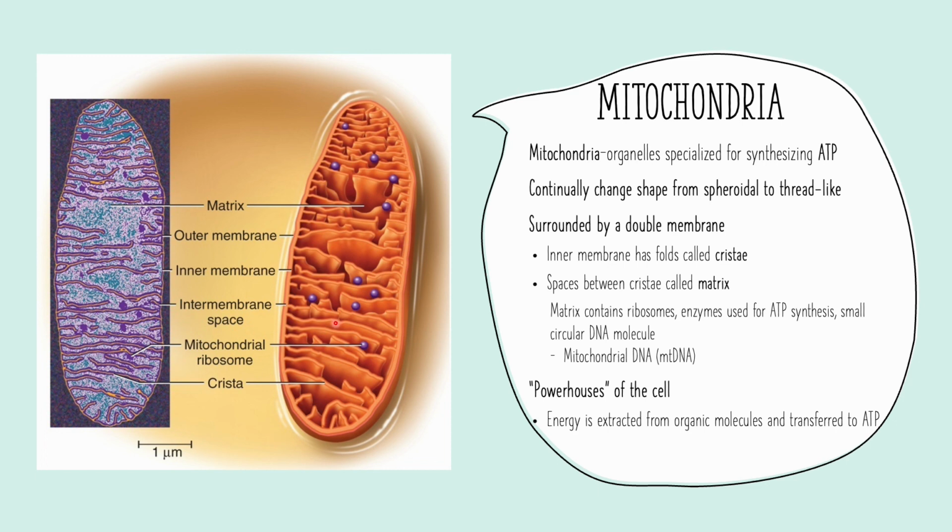You see these things here, this is the cristae. These are all cristae here. And within the cristae, the space is called the matrix, okay? The matrix contains ribosomes, enzymes used for ATP synthesis, and a small circular DNA molecule. Mitochondrial DNA, okay? The mitochondria is the powerhouse of the cell. Energy is extracted from organic molecules and transferred into ATP.